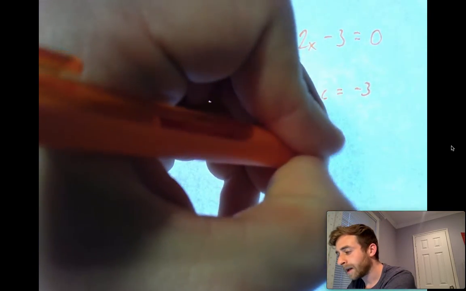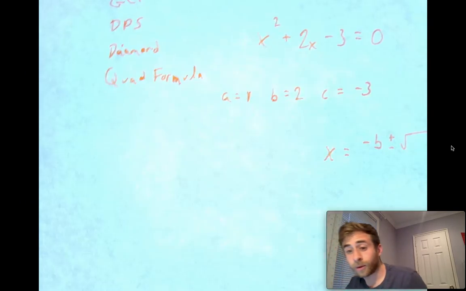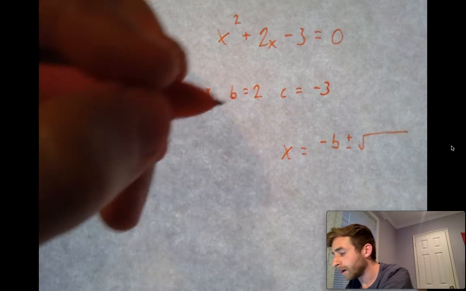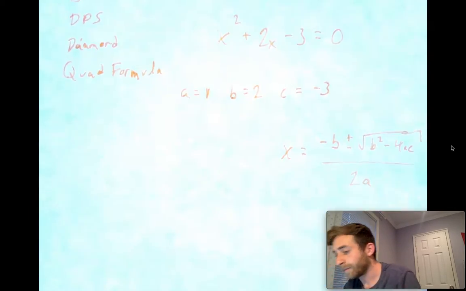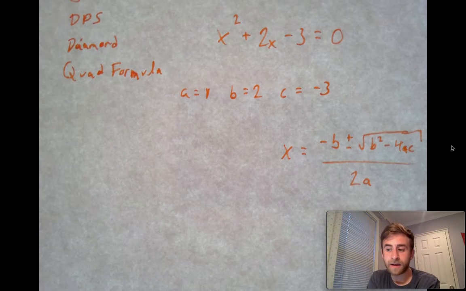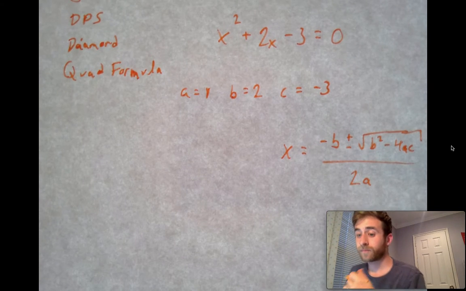So it is x equals negative b plus or minus the square root, b squared minus 4ac all over 2a. Okay, this is our formula. Let me write this a little bit better. And now we can start plugging in to our formula.